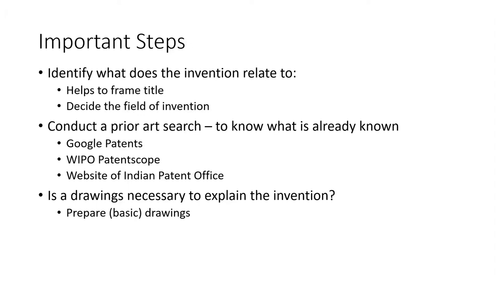So if your innovation relates to a composition for a health product, you can write in the search box all these keywords and get different patents or whatever already exists in the field, and you can read those and find out what scope of protection has already been given and what is available for you to claim. So whether your innovation is still in the gray area which has not been covered anywhere in all these prior art documents.